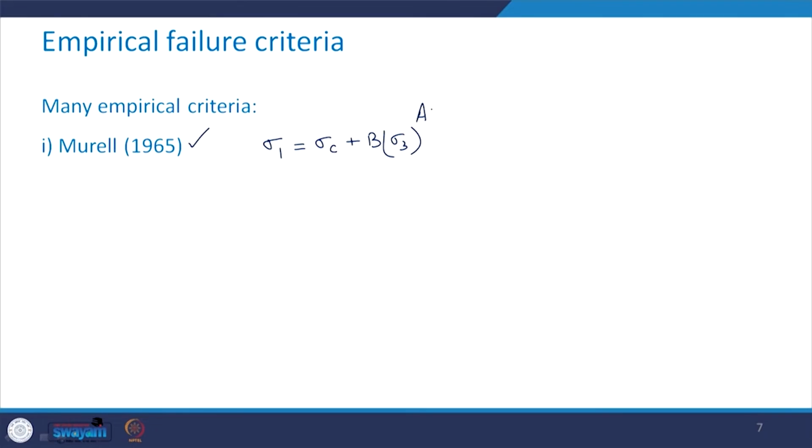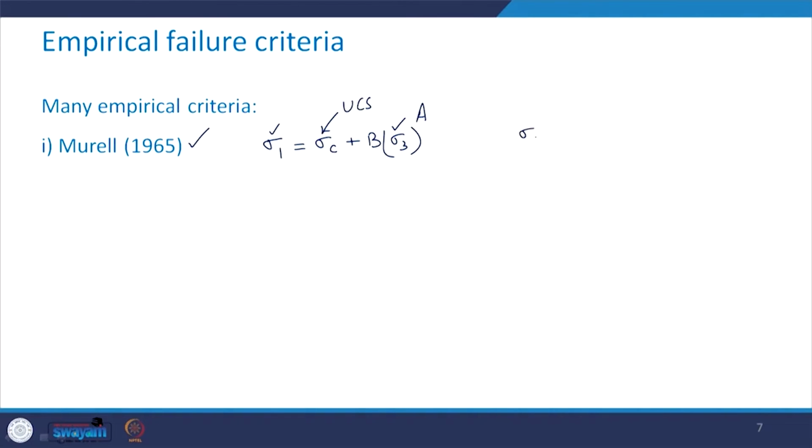The data which you have may be the result of triaxial tests where you have sigma 3 and sigma 1, and sigma c is given as the UCS of the intact rock.